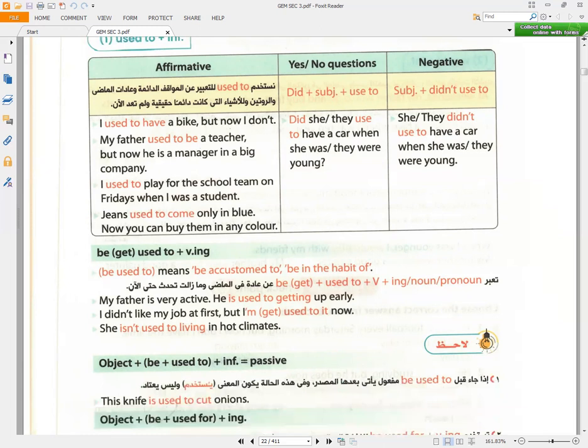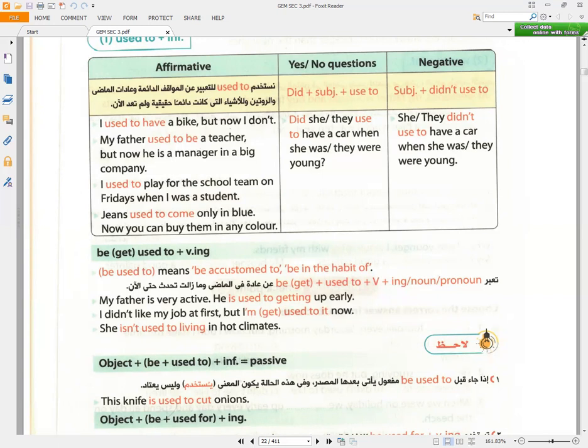You know, there is a slight difference between be used to and get used to. Be used to: it's not strange for me to do this, maybe because I did it in the past.